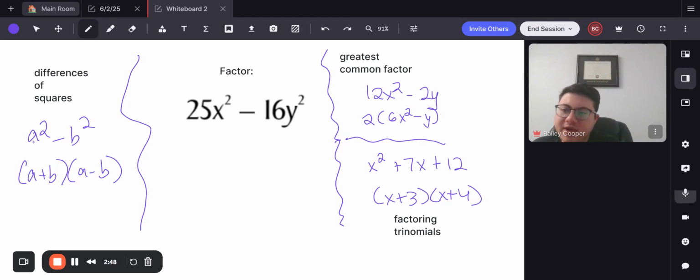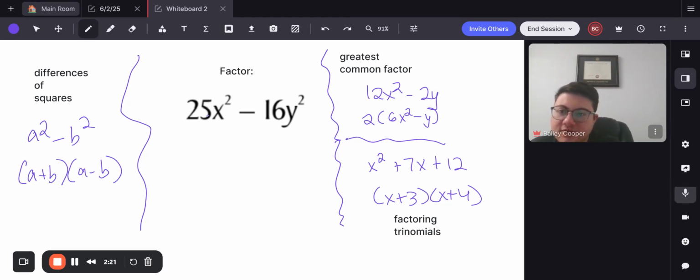So basically, if you have something that you can take the square root of for your first term and your second term, and they're connected by a subtraction sign, then you can use this formula to simplify them without having to think too much about it. This is also called a special product. They also have one for a squared plus 2ab plus b squared, but we're not going to get into that today.